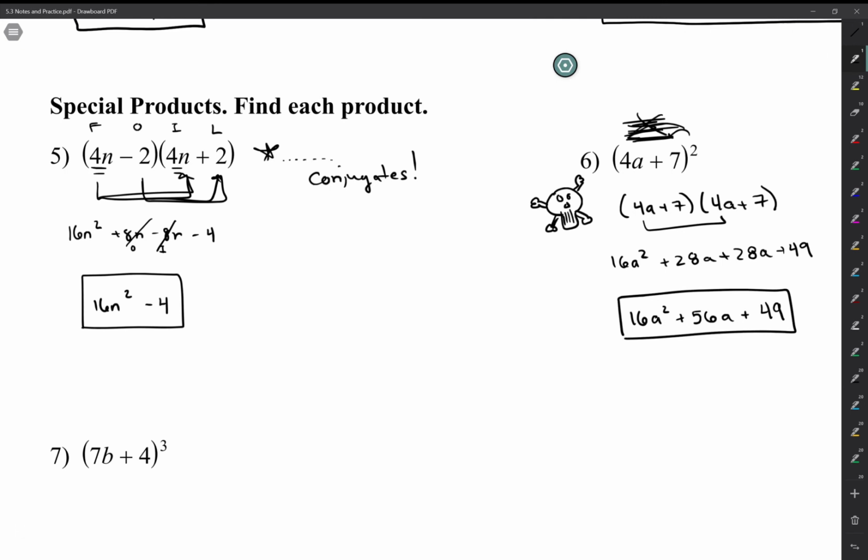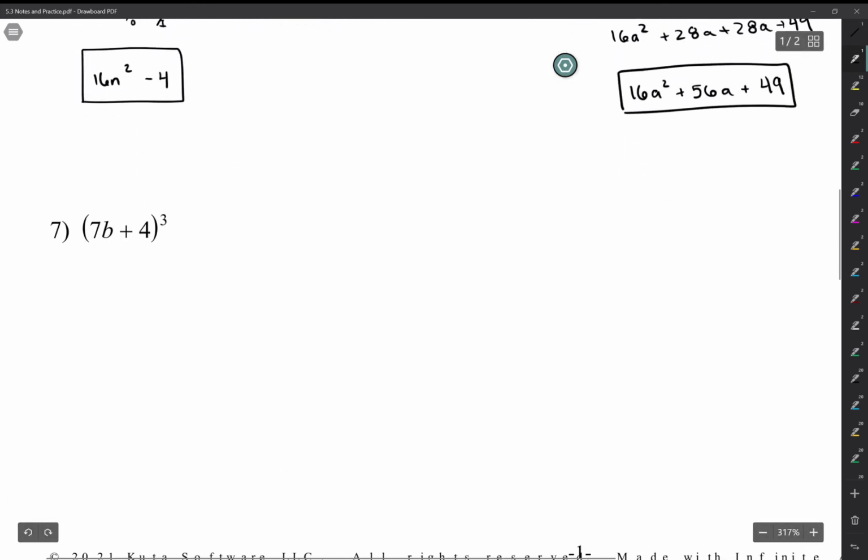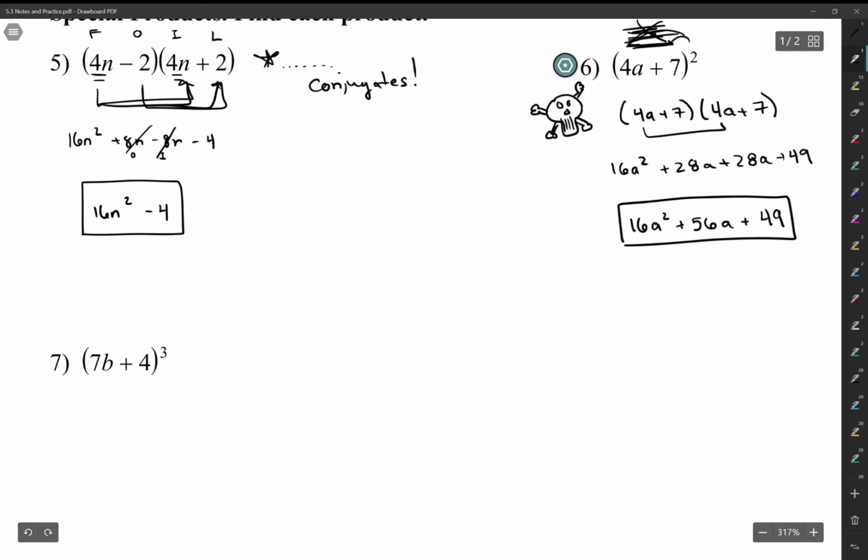Okay, so good stuff. Our last special product, okay, 7 is very similar to 6, and again, do not just distribute that 3. That's a trap. Don't distribute the power.